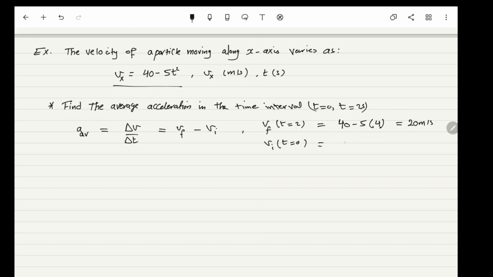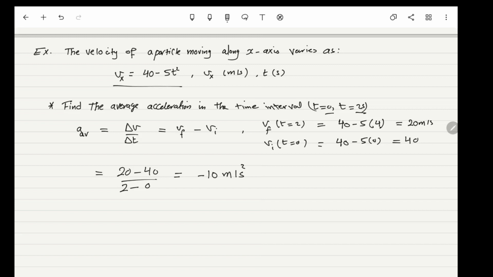When t equals 0, it's 40 minus 5 times 0, so it's equal to 40. So delta v equals 20 minus 40, divided by the time interval, 2 minus 0, so it's equal to minus 10 meters per second squared.